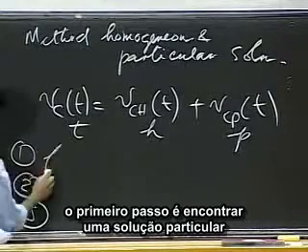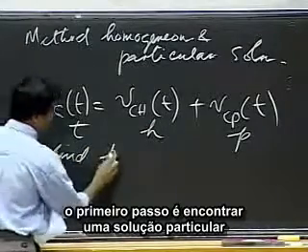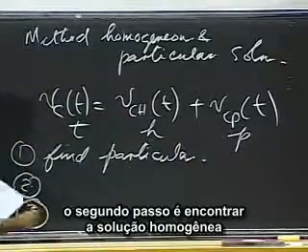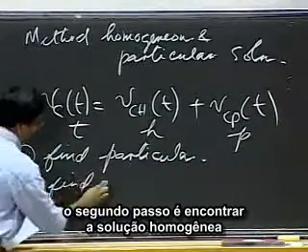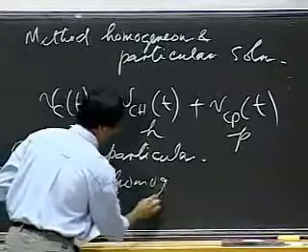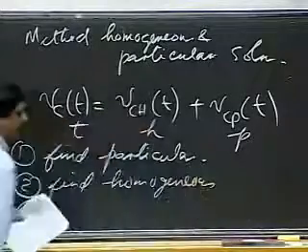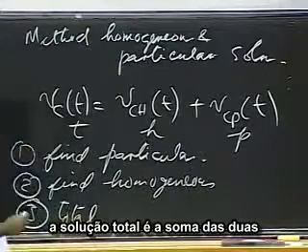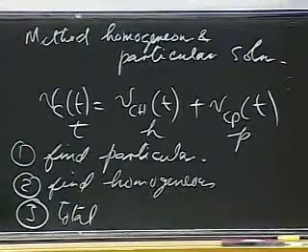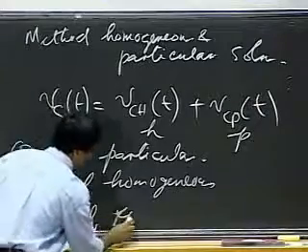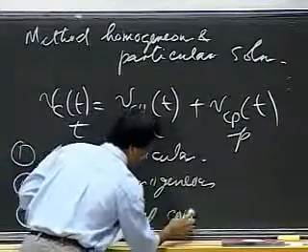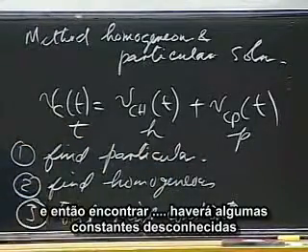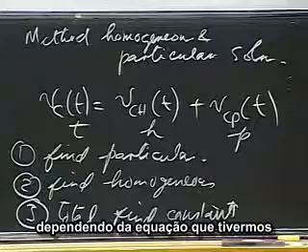So the first step, we find the particular solution. Okay, the second step, find the homogeneous solution. Okay, the total solution is the sum of the two. Okay, and then there'll be some unknown constants, depending on the equation that you have.